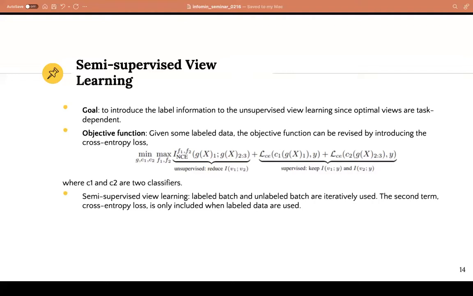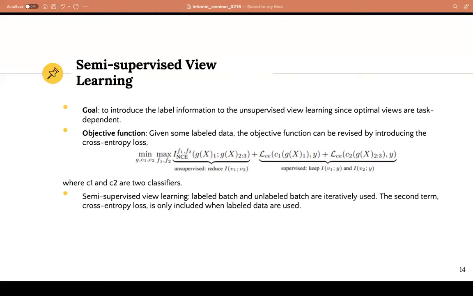in the pre-training, they get two different batch. One is labeled batch, one is unlabeled batch, and they are iteratively used. And the second term is only included when label data are used.